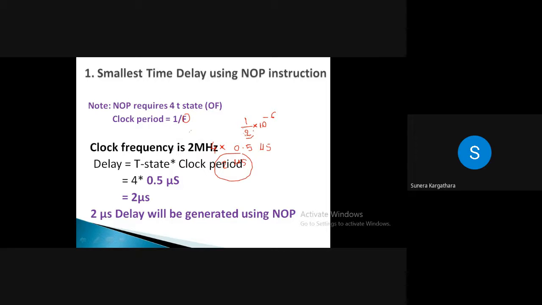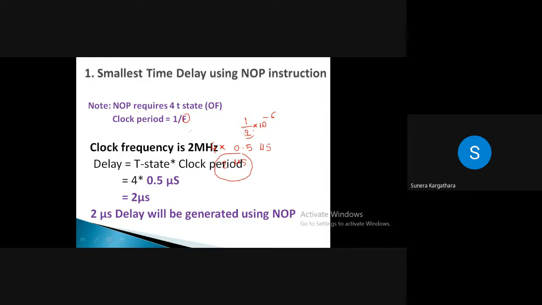Suppose I need a 6 microsecond delay, what can be done, students? If I need a 6 microsecond delay, then what can be done? What do you think?